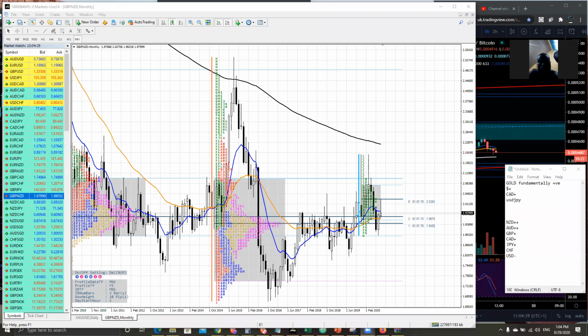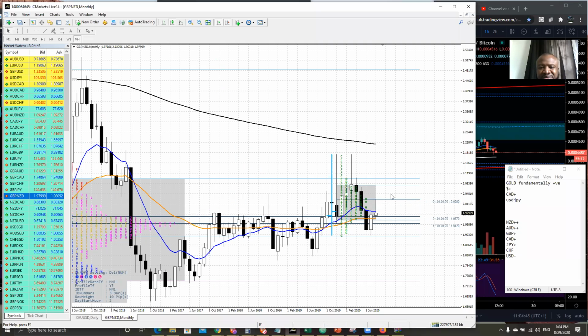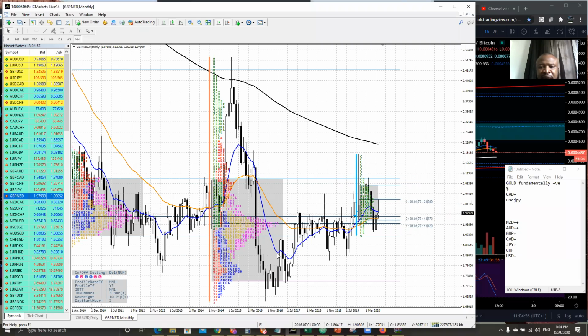Sorry. Then looking at the pound against the New Zealand on the monthly charts, is kind of giving a bit of discount, number one, to be able to buy cheap closer to last month monthly point of control.